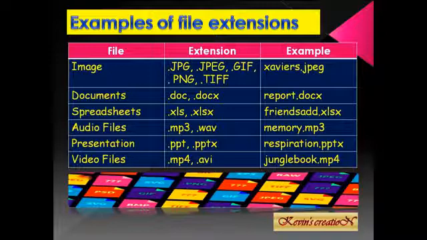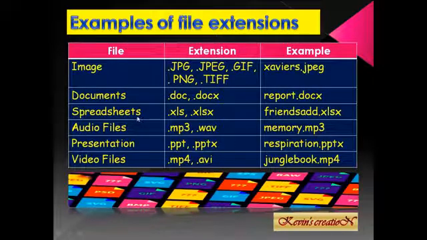That means I have created a file and that is an image file, so extension is given here as .jpeg. Then comes document file. Anything which you type in MS Word, it's a document, so the extension is there after the file name, .doc or .docx.